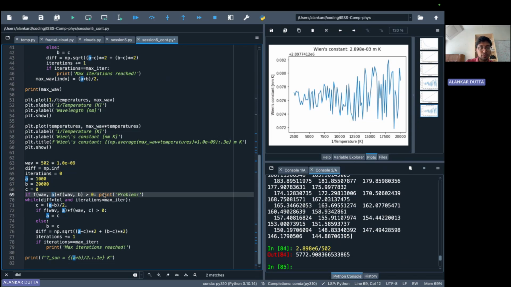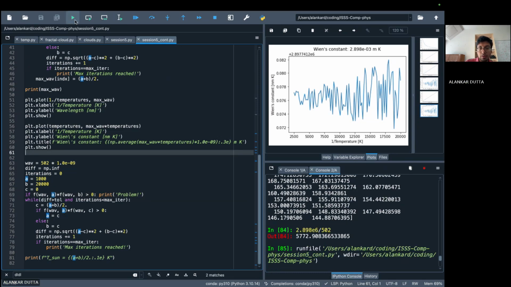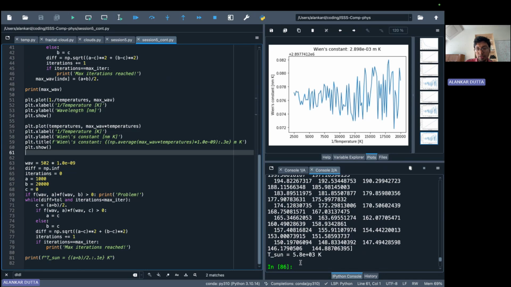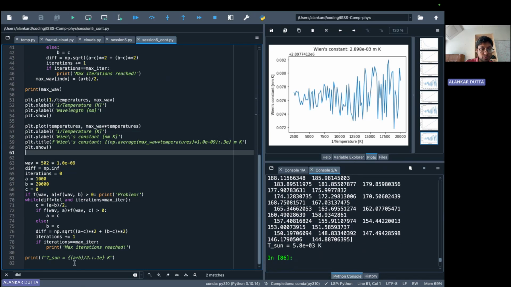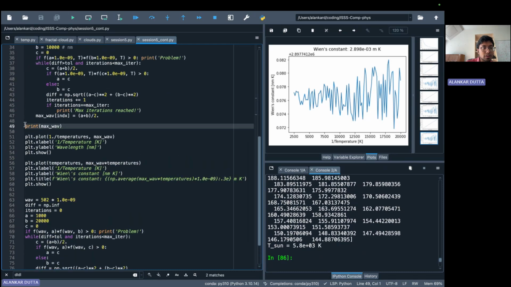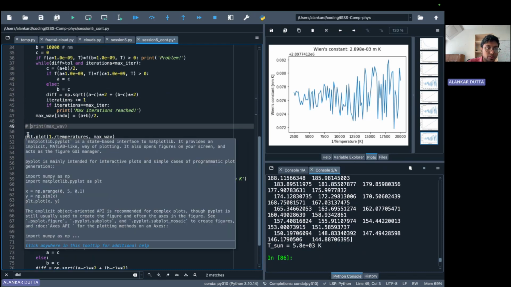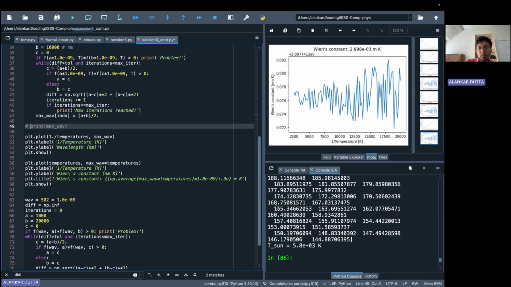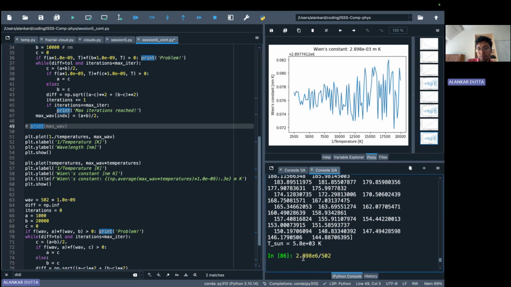Okay, so let's run the other part of this. And we get that the temperature of the sun is 5,800, 5.8, so 5,800 Kelvin. Let's see what the other print we have is. We can just uncomment this one from Wien's displacement.